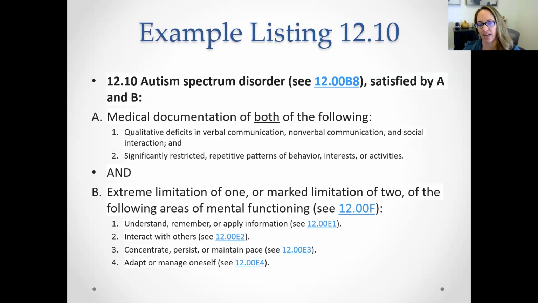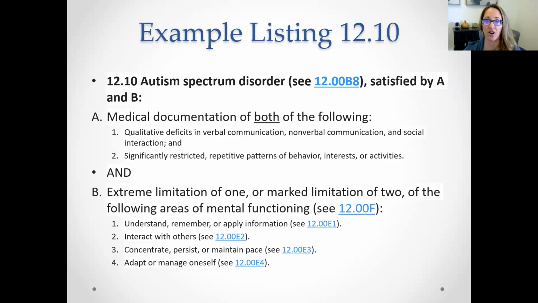And then you have to have extreme or marked limitations in these different areas of mental functioning. Again, you're not going to meet a listing just by having you or a friend or a family member say, oh yeah, I think I have all these issues, or I think my family member has all of this. It has to be from a doctor, usually a qualified source, either an MD or a PhD, and someone who treats you and sees you.